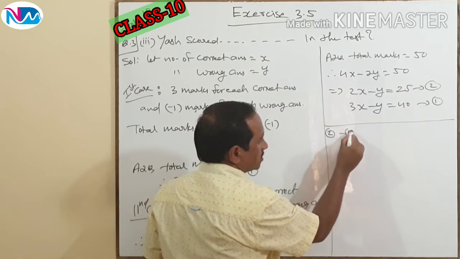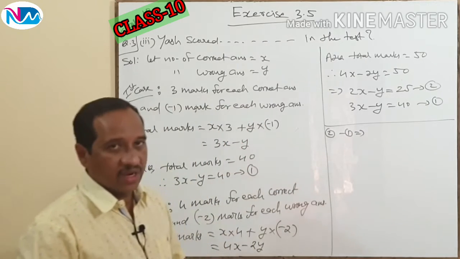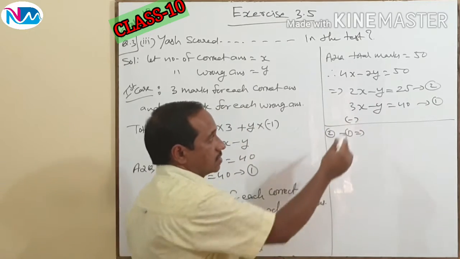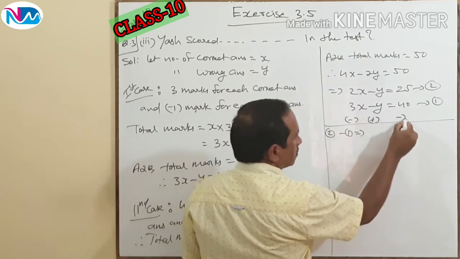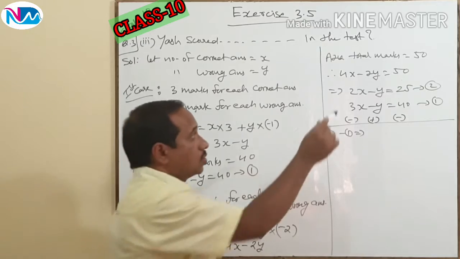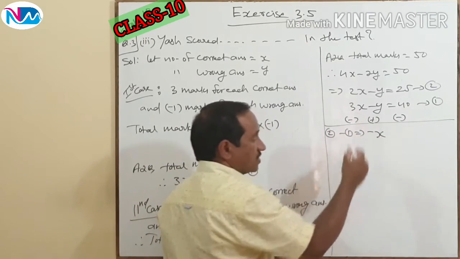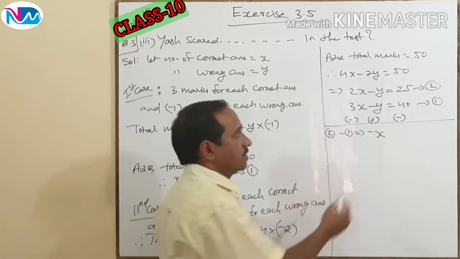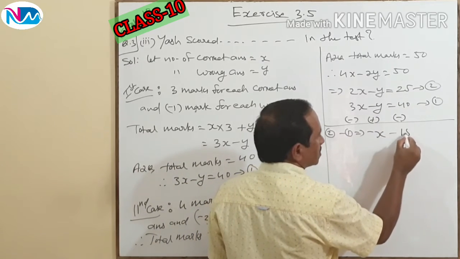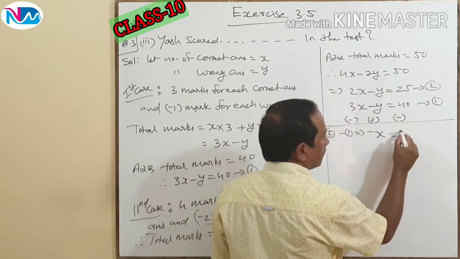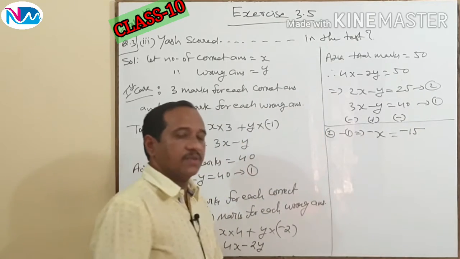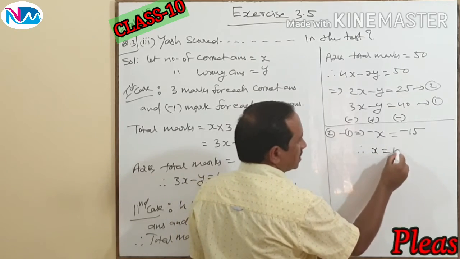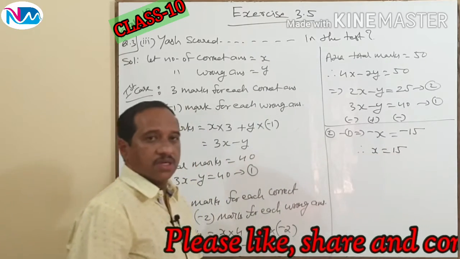Equation number 2 minus equation number 1 gives, by subtraction, we have to change the sign. Plus will become minus, minus will become plus. 2x minus 3x is minus x, minus y plus y, the variable y will be eliminated. 25 minus 40 is minus 15. Cancelling minus from both the sides, we get x is equal to 15.